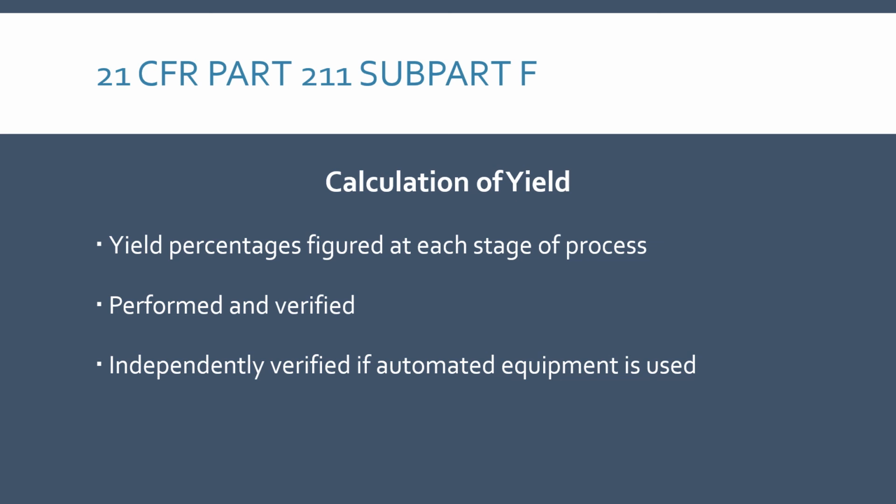That 1,000 gallons has to be annotated, documented, recorded, saved if possible, and then once it goes to the warehouse, they have a documented 9,000 gallons yield. So calculation of yield is crucial. All product has to be accounted for, and that is subpart F.